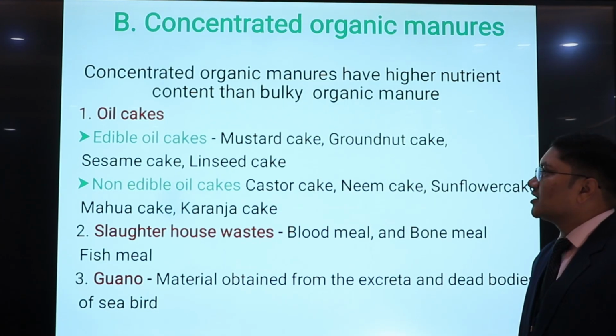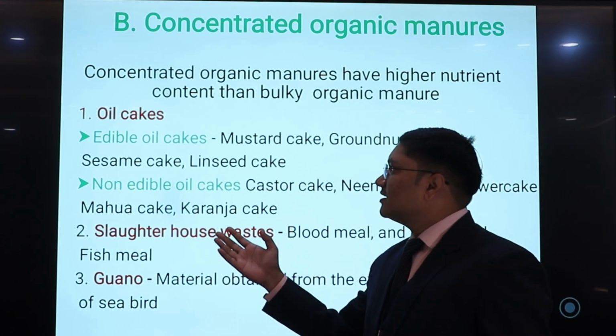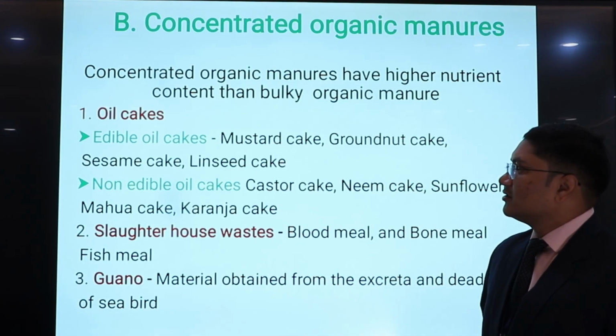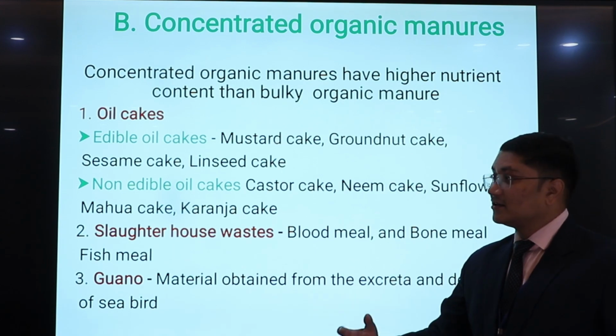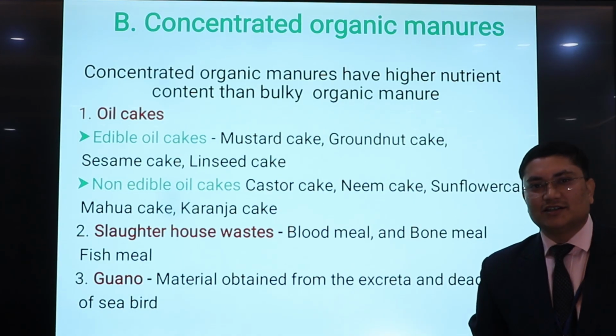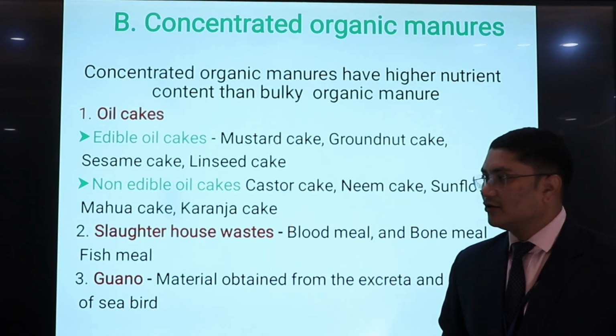Similarly groundnut cake, sesame cake, or linseed cake. These are edible oil cakes because we can also eat them. Then non-edible oil cakes like castor, neem, and mahua or karanj cake. These are some examples of oil cakes.